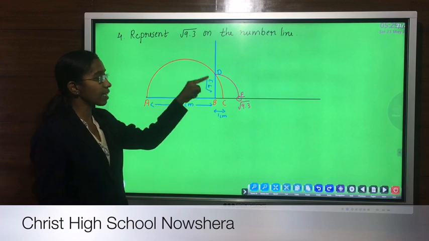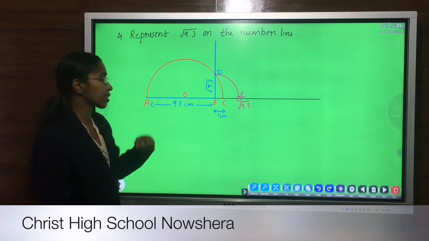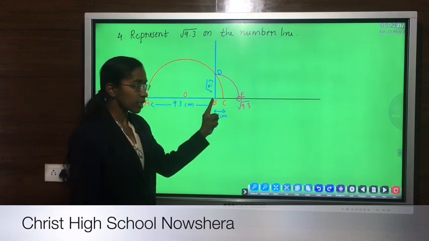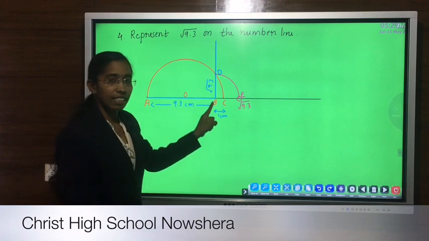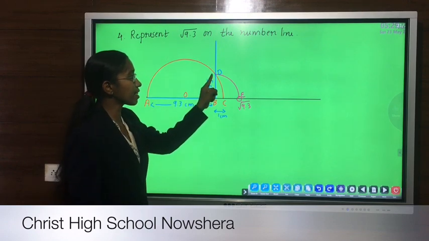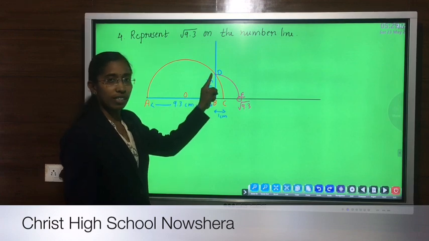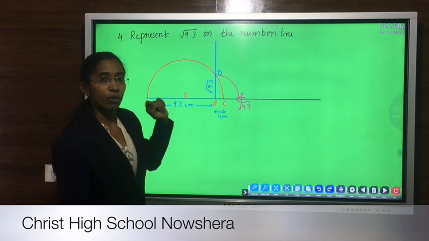So this is that semicircle, and OC is our radius. And again at this point B, using protractor, you draw a 90-degree straight line. That 90-degree straight line touches that semicircle. That point is D. Now this length is our root 9.3.